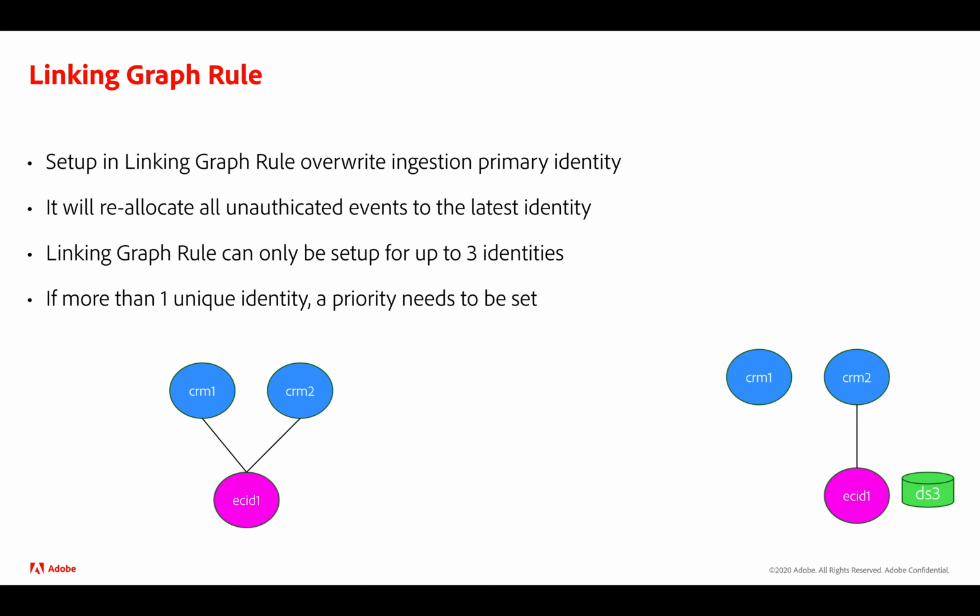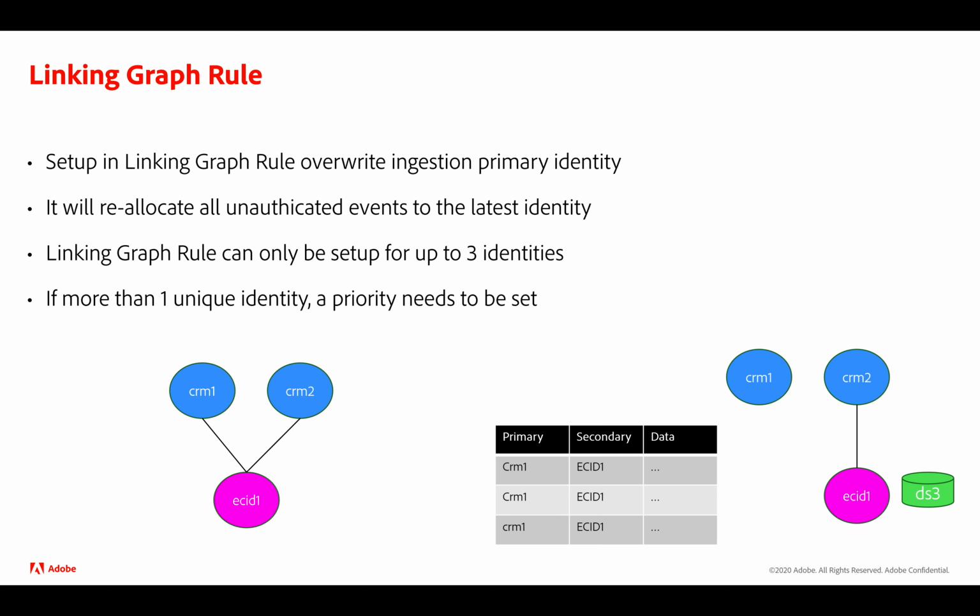So we had the connection made between ECID1 and CRM1. And that is true, which means that all of the data that are actually attached to the CRM ID, so imagine you have all the different rows of data or events that have been loaded, and you see in that case, we have a primary identity CRM1 and secondary ECID1.